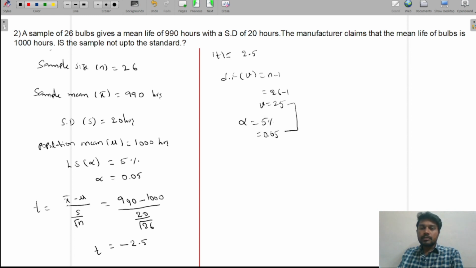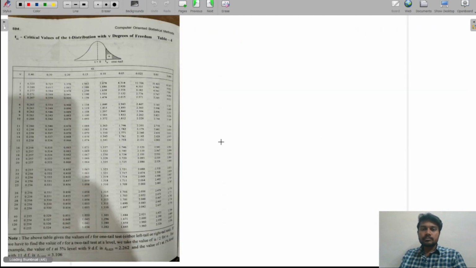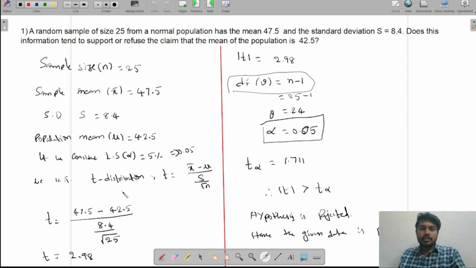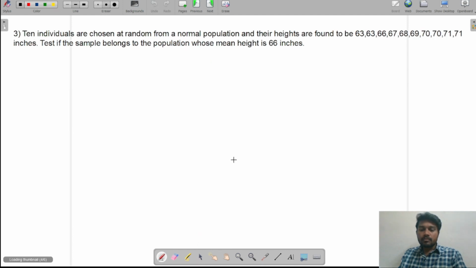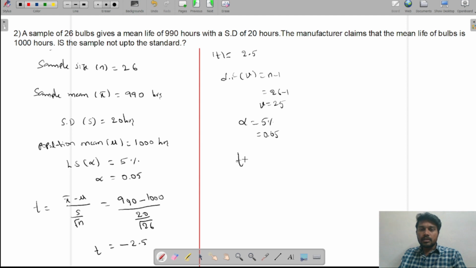Then the combination of these two, similar to the last question: 25 is here and 0.05 is here, and the combination of these two is 1.708. So t alpha equal to 1.708. So what is the conclusion in the question?